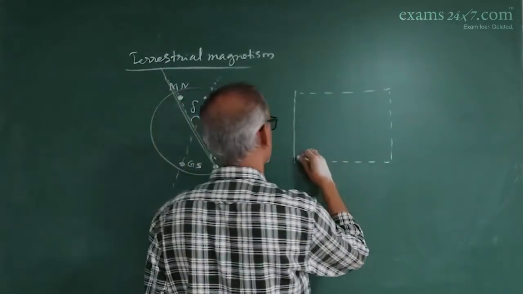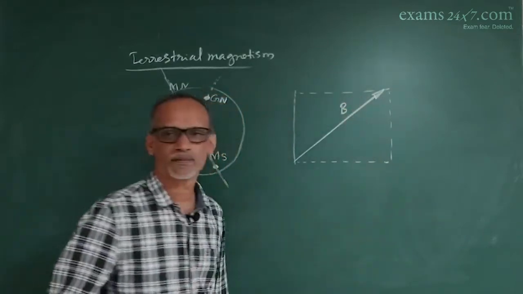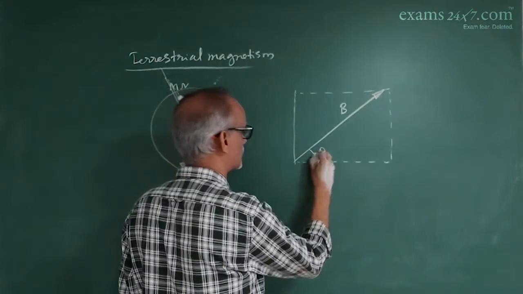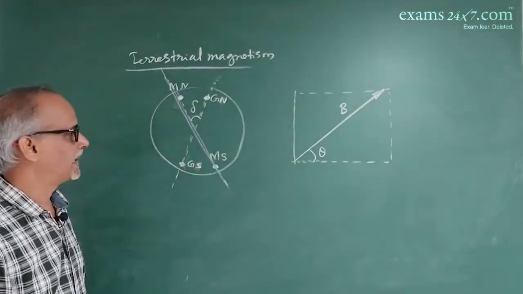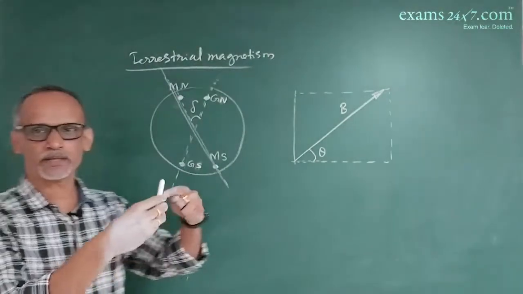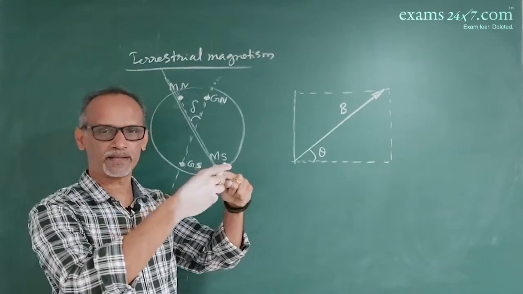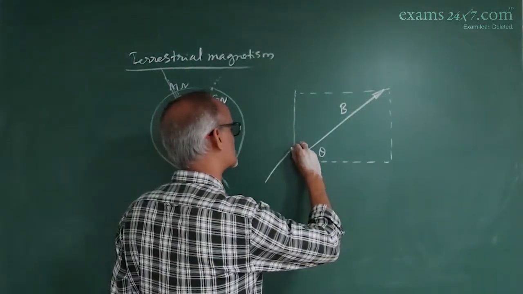So let us consider this is the direction of the Earth's field at a place, which makes an angle theta with the horizontal. So if a magnet is made to oscillate in a vertical plane, then the needle will get inclined like this. This is how the needle will stand.